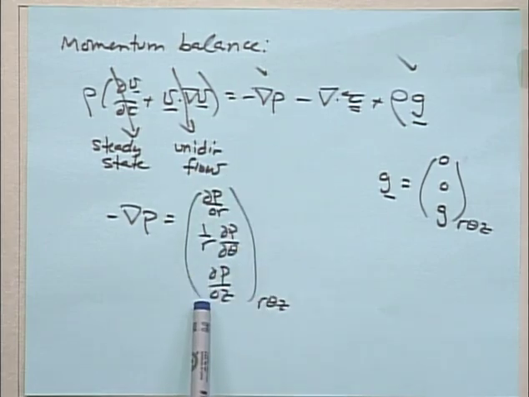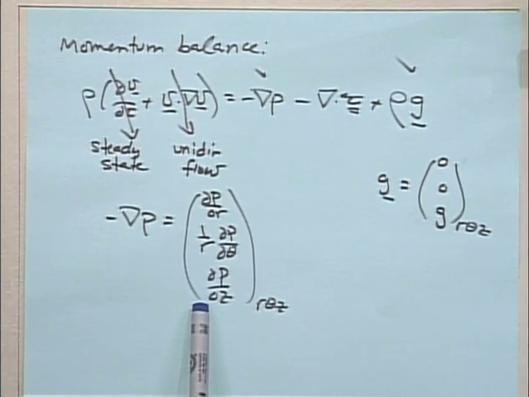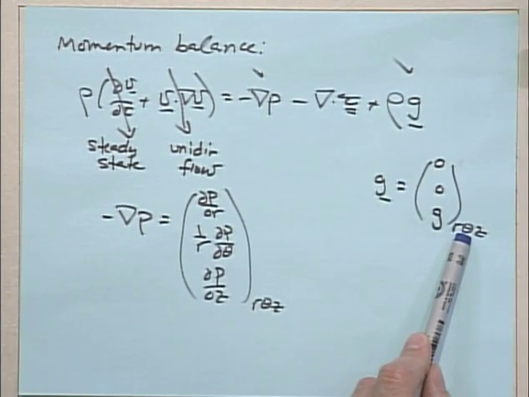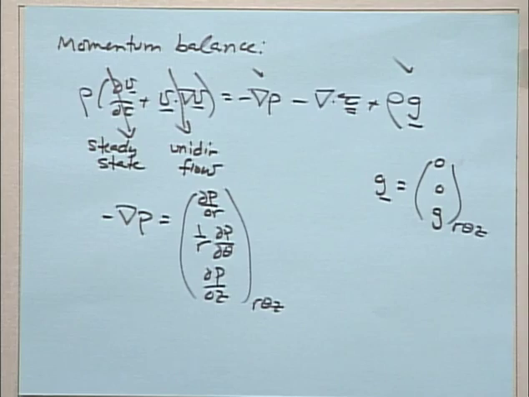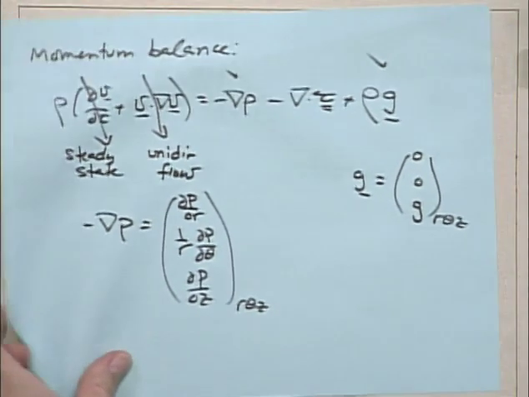The pressure gradient vector is easy. The gravity vector is easy, and then we spend some time on del dot tau. Now, del dot tau we can get from the tables. So we looked that up.